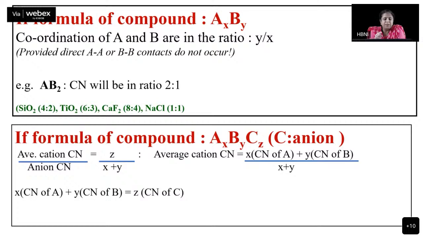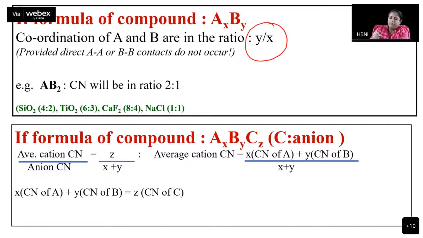Now, what does the coordination number depend on? It again depends upon the formula of the compound. Let's say I have a compound AxBy. Then the coordination of A and B, that is, how many B's are surrounding A and how many A's are surrounding B, will be in the ratio y by x.